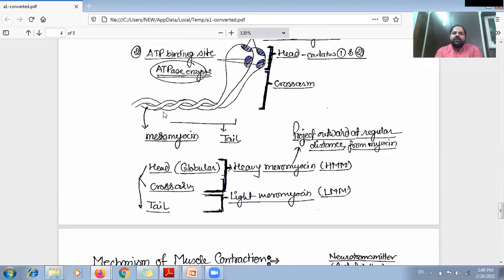Means in the myosin there are several of these pairs of ropes, which are made up of light meromyosin and heavy meromyosin. Light meromyosin is forming the whole straight structure, but at the end it forms a head and cross arm, and this head and cross arm is formed by the heavy meromyosin structure.